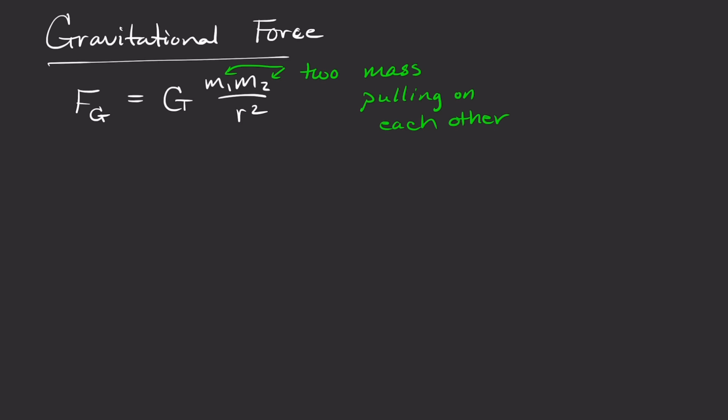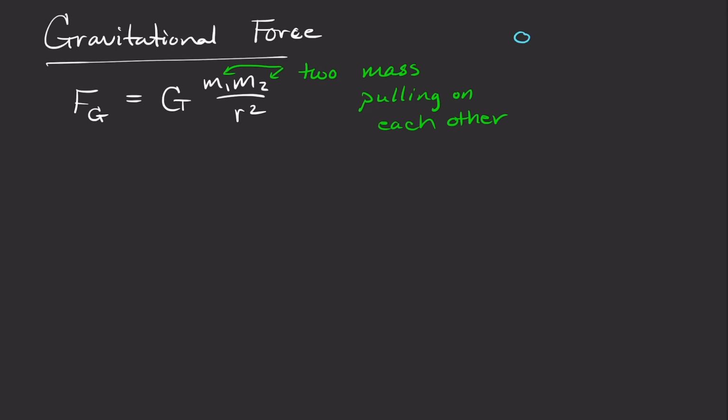So the force of gravity is always attractive. So if you have two masses, m1 and m2, they are going to attract each other.